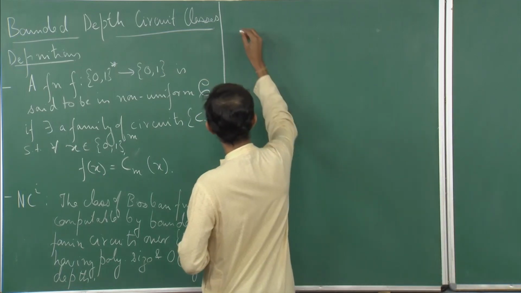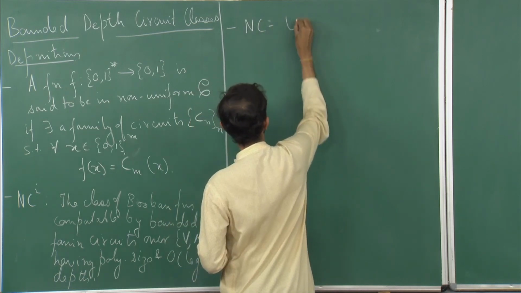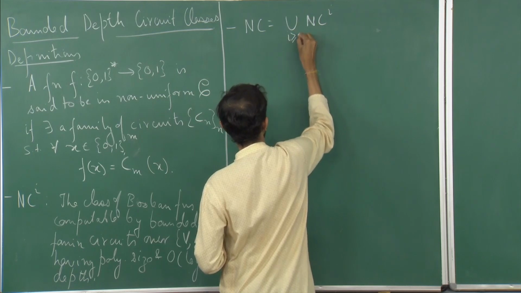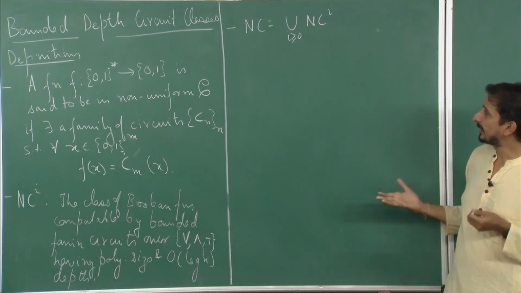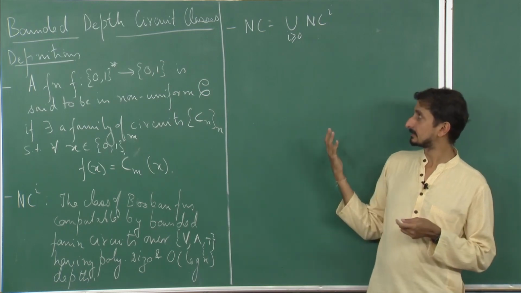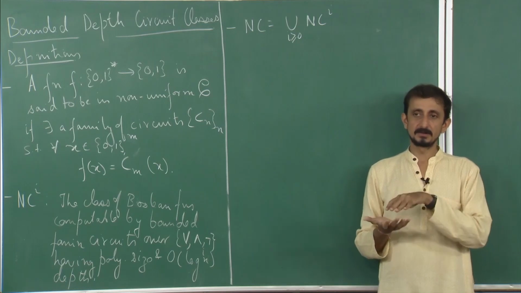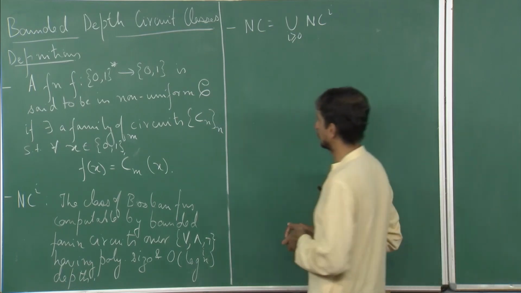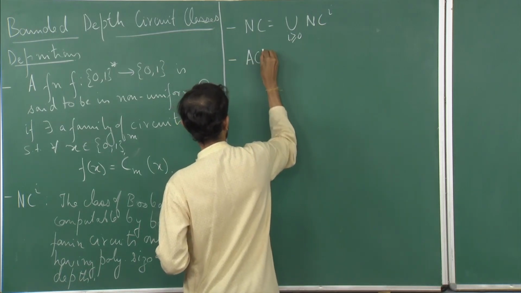NC is basically the union over all NC^i for i greater than or equal to 0. Typically we will look at the classes NC1 and NC2. NC1 is circuits which have log depth, NC2 circuits which have log square depth and so on. Now, we have the class AC^i.